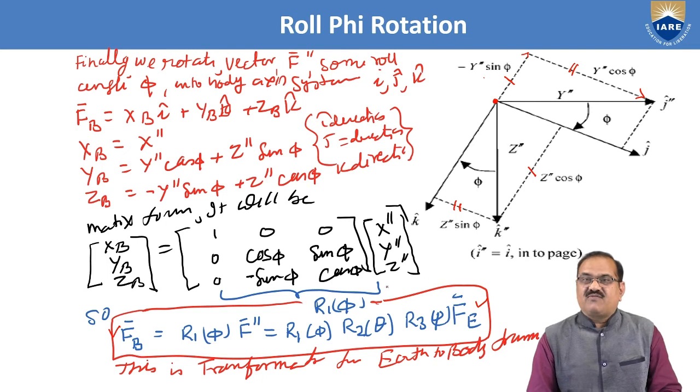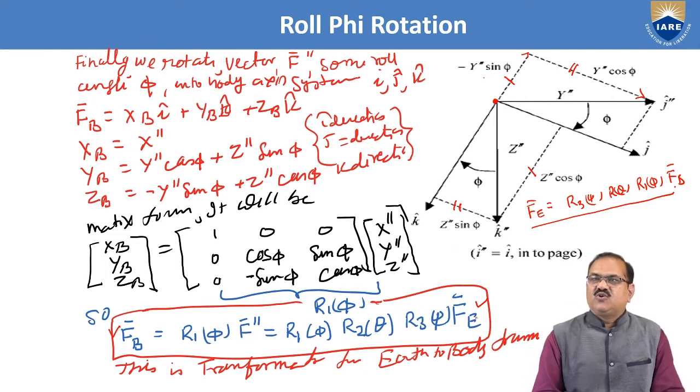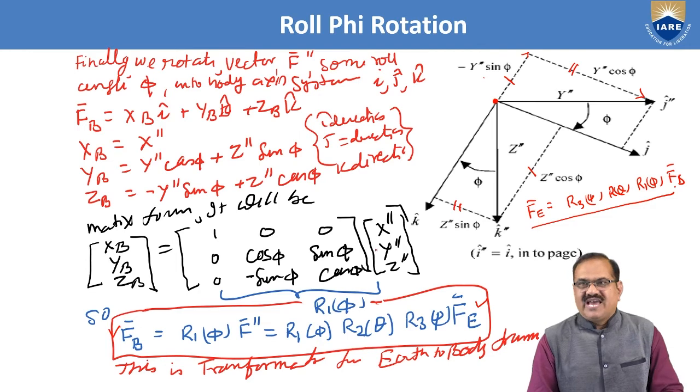If you want to convert from body to earth, then the rotations will be changed. So in place of psi, first will be phi, then theta and then psi. Okay, so if you want to find out Fe, then this will be R3 psi, R2 theta, R1 phi and Fb. Okay, so if you want to convert from body to earth, you have to go in this sequence. If you want to go from earth to body, you follow what I have just now explained.